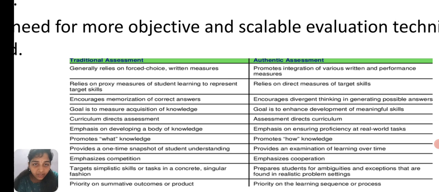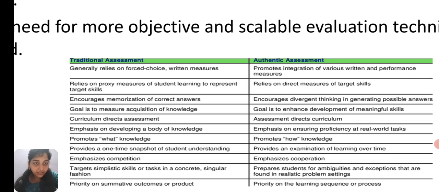Traditional assessment promotes what knowledge, and authentic assessment promotes how knowledge. It provides a one-time snapshot of student understanding, and the other provides an examination of learning over time. It emphasizes competition, and the other emphasizes cooperation. It targets simplistic skills or tasks in a concrete singular fashion.